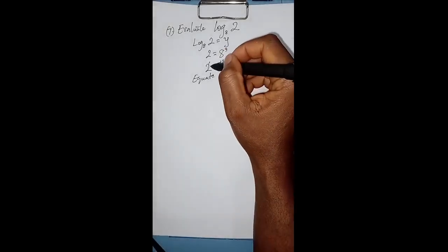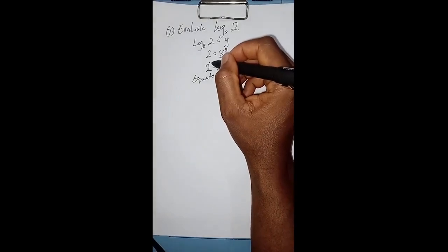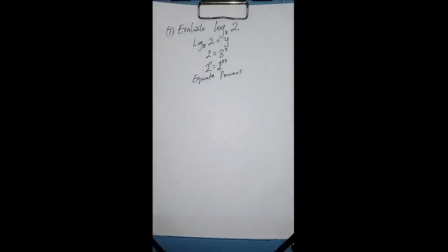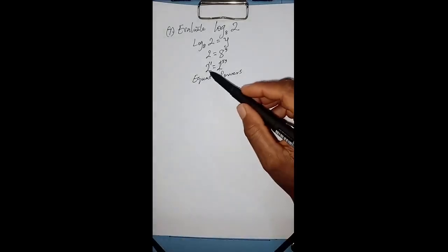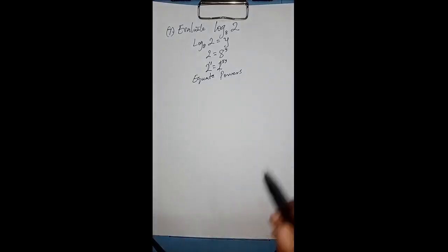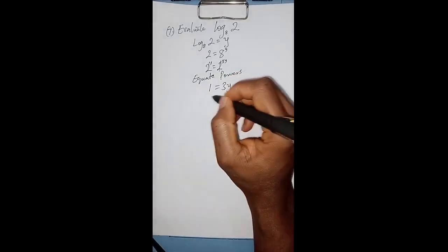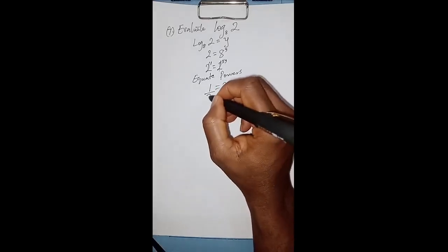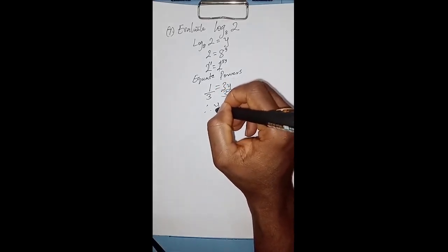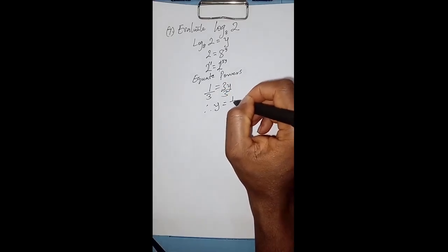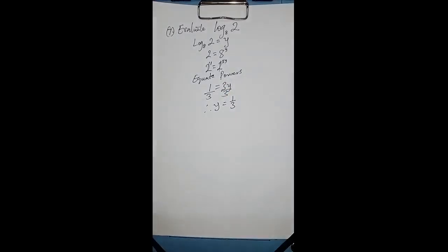Here, the power is 1 rather. So 2 is the same thing as 2 raised to power 1. We've established that before now. So 1 will be equal to 3y. Divide both sides by 3. Therefore, y is equal to 1 over 3.